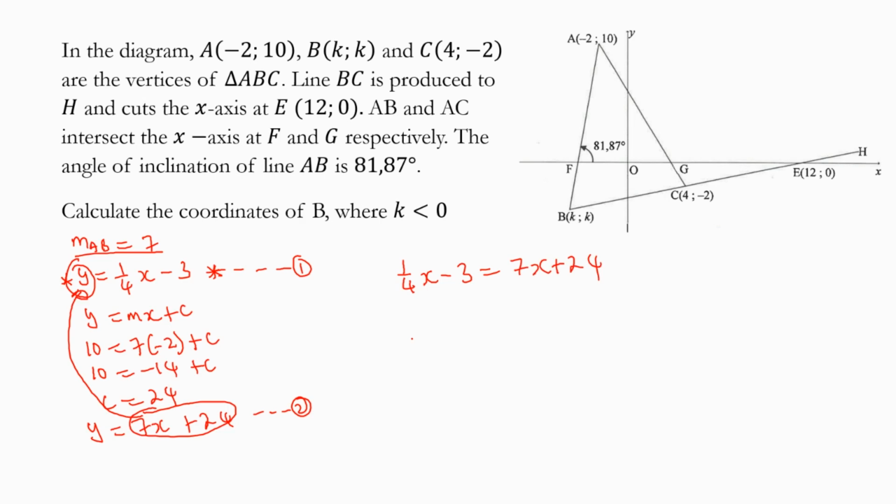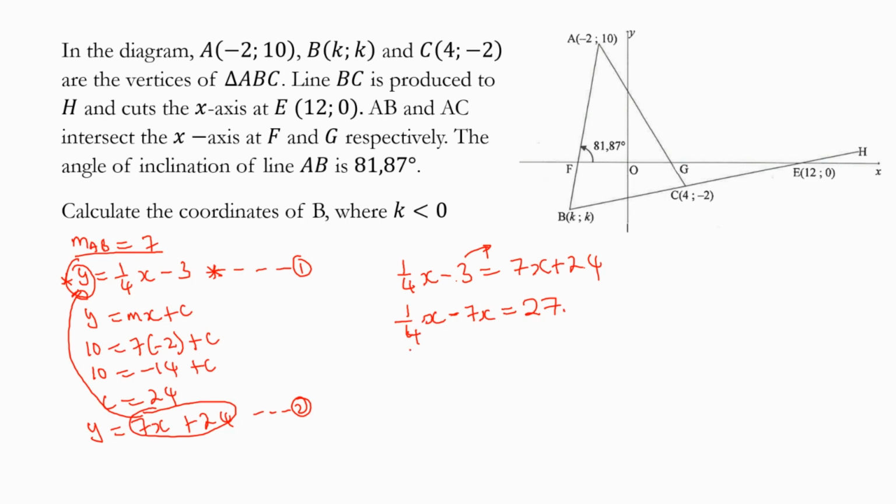If we want to get rid of the denominator, it's fine, we can multiply everything by 4, but you can deal with these as they are, as a fraction. So we can say 1 over 4 x minus 7x is equal to 24 plus 3. When it goes that side it becomes positive 3, which is 27.